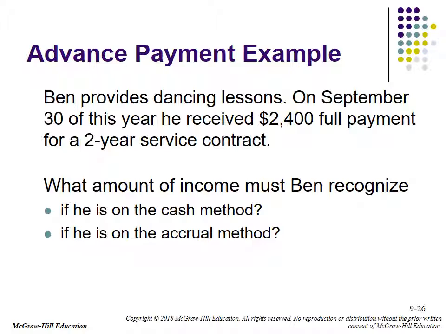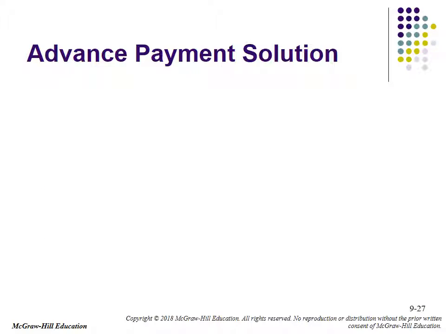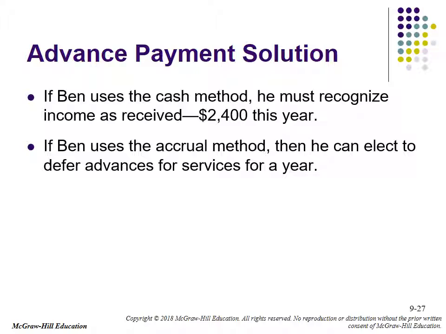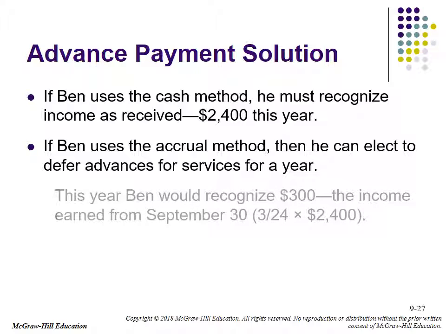Ben provides dancing lessons. On September 30th of this year, he receives $2,400 full payment for a 2-year service contract. What amount of income must Ben recognize? If Ben uses the cash method, he recognizes all of it. If he uses the accrual, he can elect to defer advances for services for a year.